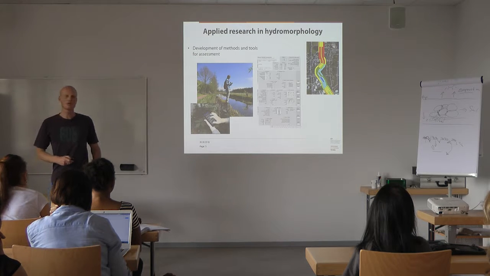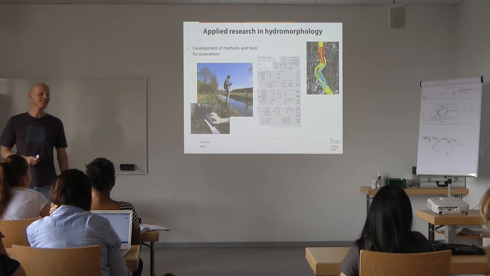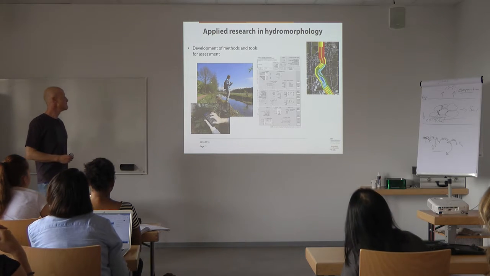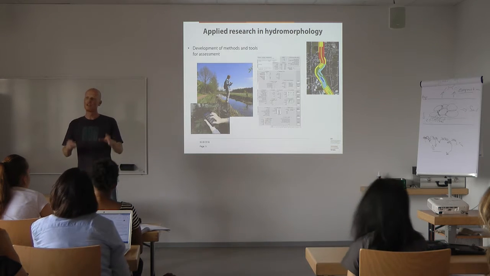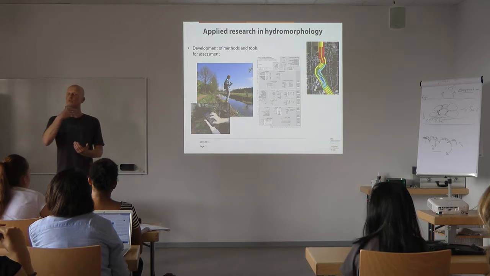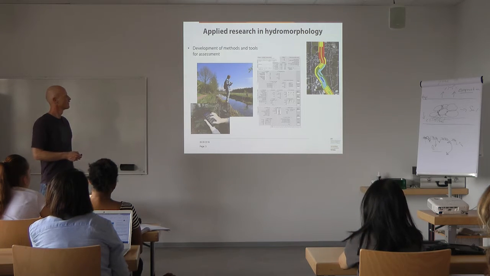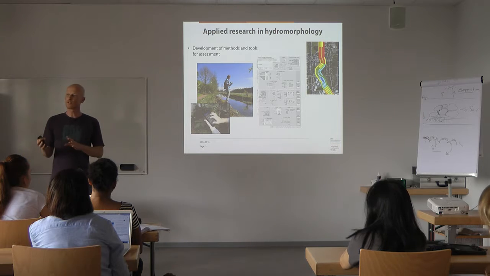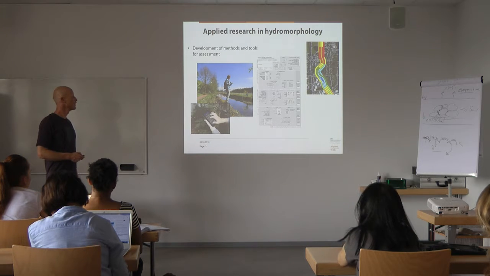So what I do for a living, let's say, I'm mainly involved in assessing hydromorphology, meaning looking at it and giving it some evaluation. And you know colors. Red means something not so good, blue means something good, and this is actually what we do.